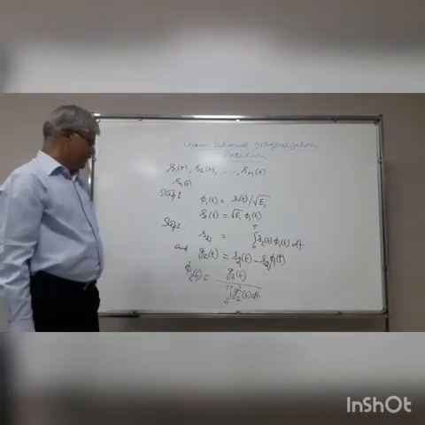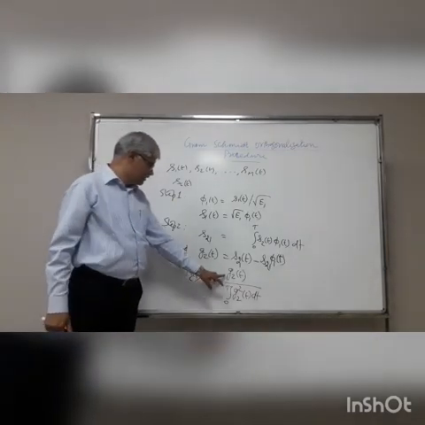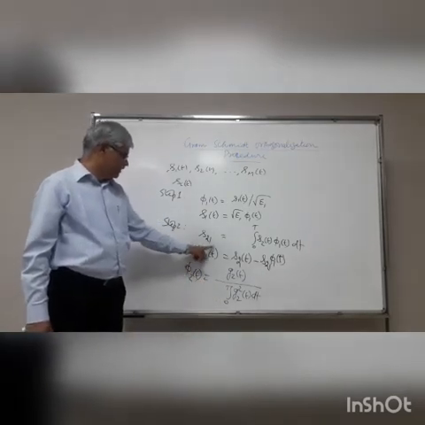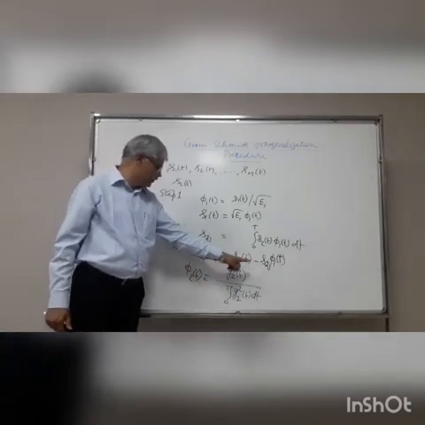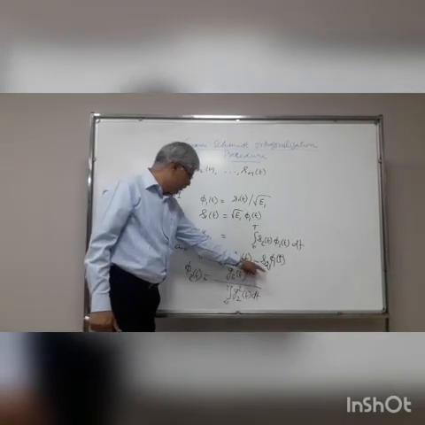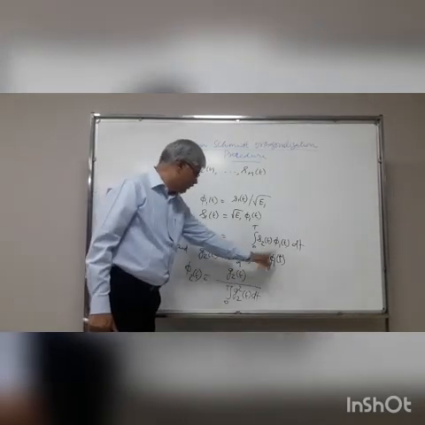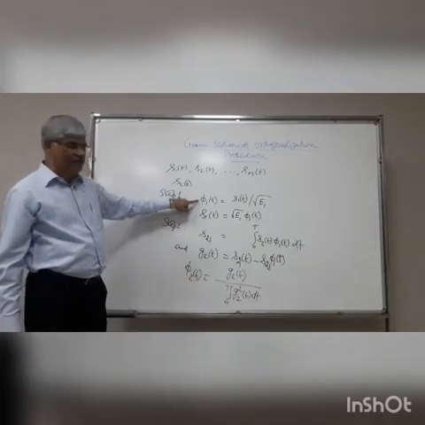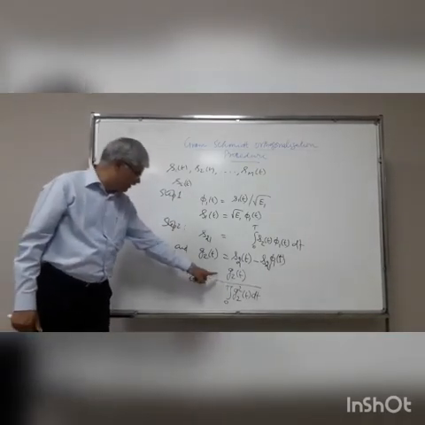So it is G2 normalized by its energy. We have defined G2 to be S2 of t, which is already known to us, minus S21, which we have defined like this, times phi 1 of t, which is known to us. So we define phi 2 of t. Phi 1 of t is obtained, and phi 2 of t we are defining like this.